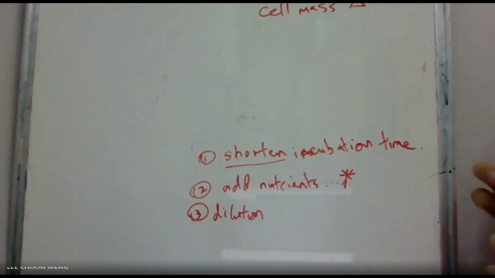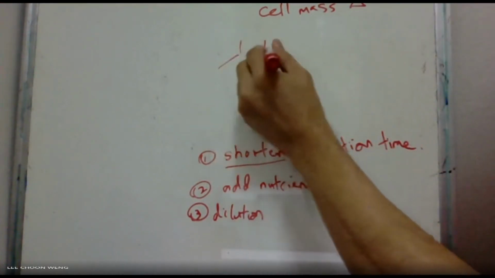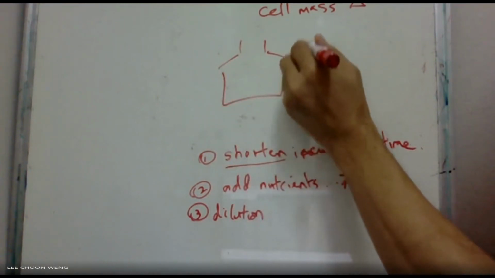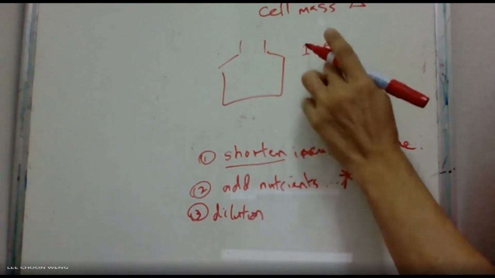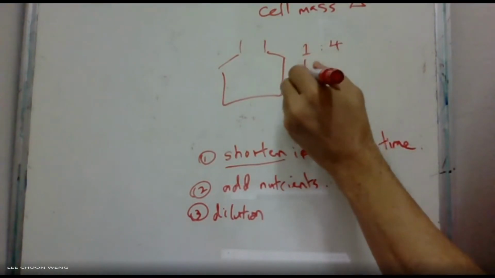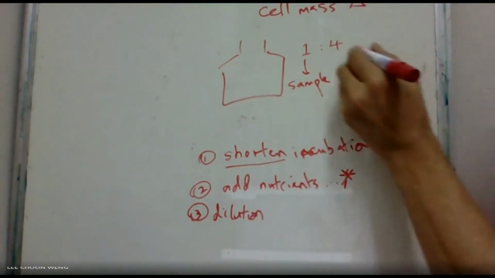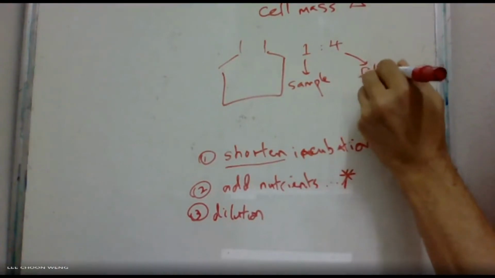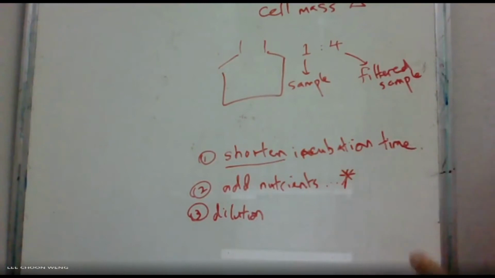Here you mix one portion of the sample with 4 portions of filtered water. Okay.